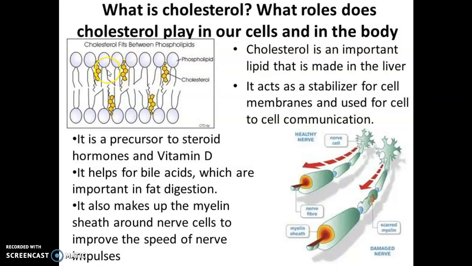If you put a couple of cholesterol molecules between every other phospholipid, it actually stiffens up your membrane. So if 2 cells collide, they're not just going to explode like water balloons, right? It decreases their flexibility, but not to the point where they're too rigid and stiff. All animals have cholesterol in their cell membranes.